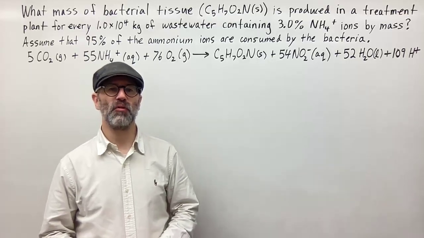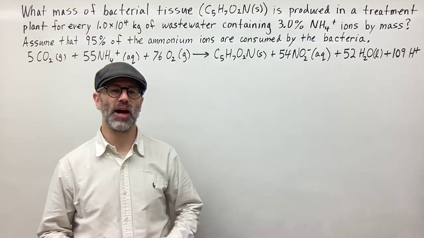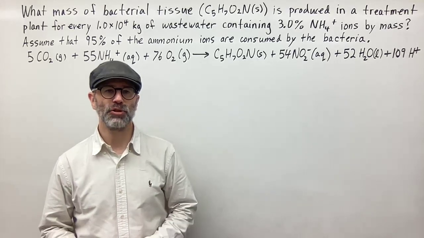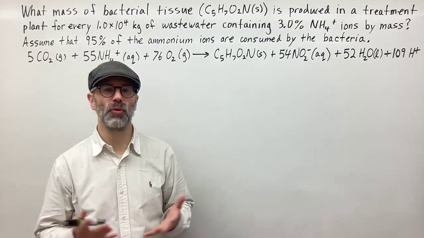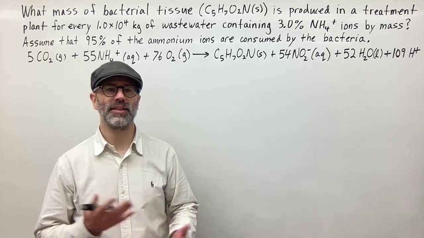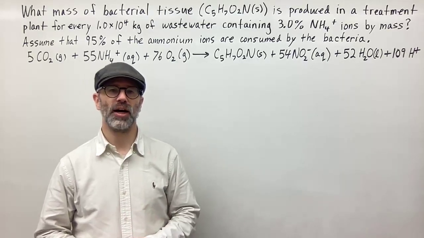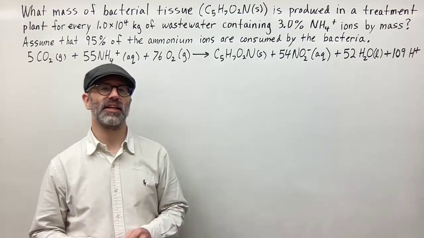My name is Mr. Cobalt, and in this video I'm going to be going over how to use stoichiometry to find the amount of bacterial tissue that's required to process a certain amount of wastewater. So let's get into this.